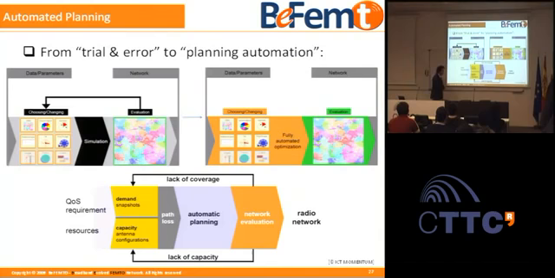The automated planning is something which started quite a while ago, and there was a very good European project called ICT Momentum, which worked very strongly on the automated planning for UMTS networks back then, but I would guess it would hold also for LTE networks.